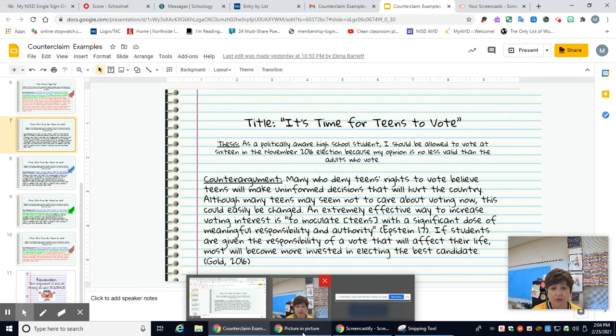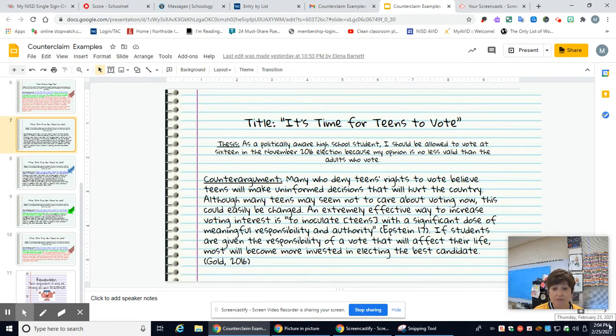So this example is entitled, "It's Time for Teens to Vote." The thesis for this essay was, as a politically aware high school student, I should be allowed to vote at 16 in the November 2016 election because my opinion is no less valid than the adults who vote. The counter argument: Many who deny teens rights to vote believe teens will make uniform decisions that will hurt the country. Although many teens may seem not to care about voting now, this could easily be changed.